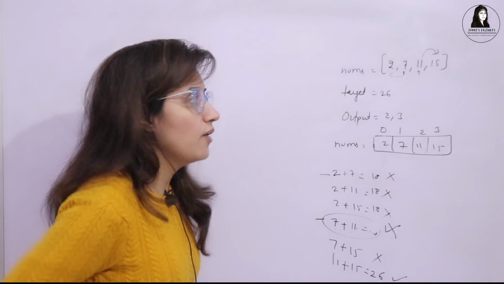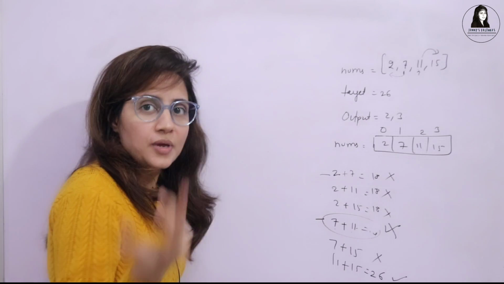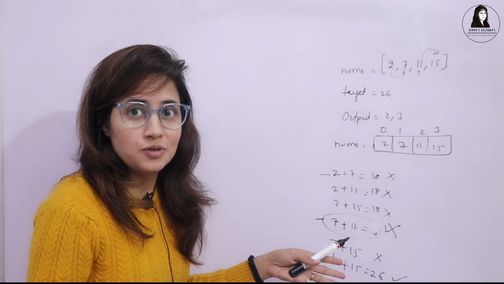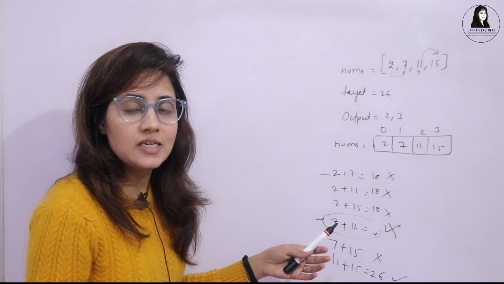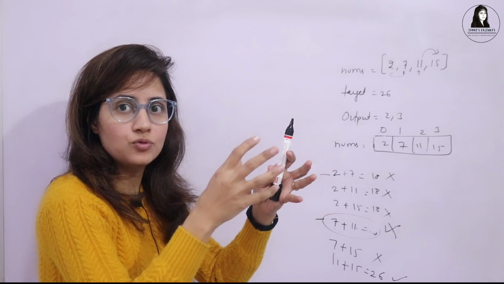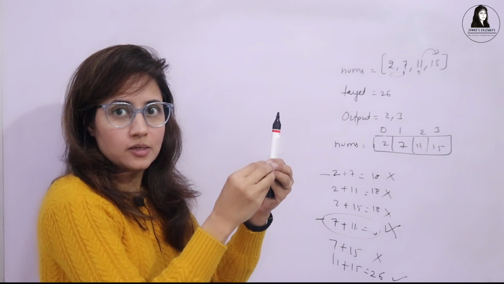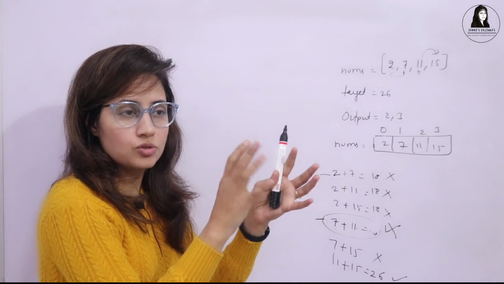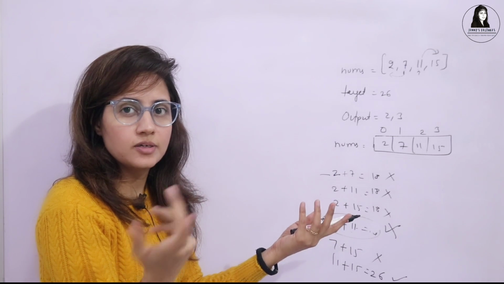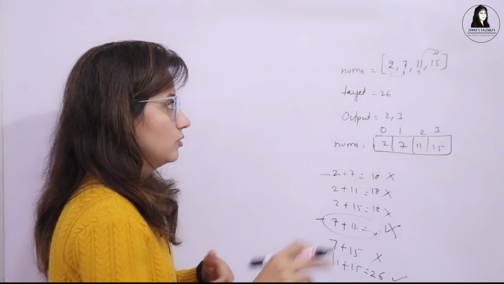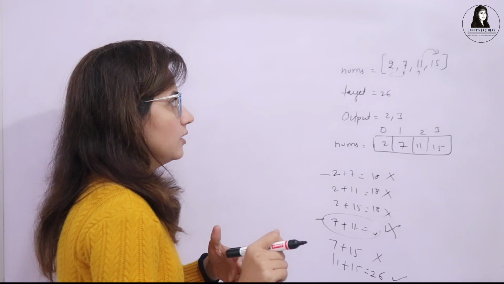So this is what you have to find out, the pairs that we have done in the previous video. If the target is the sum of that pair, then return the indexes of those elements, right?